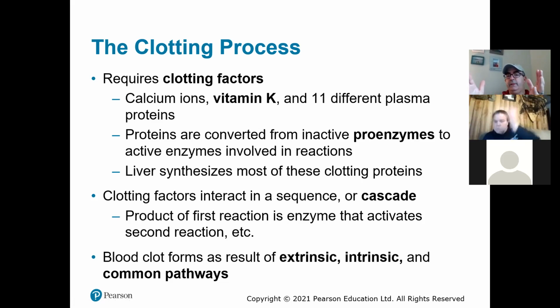You cleave off the ogin, and it goes from fibrinogen to just fibrin. And that becomes an active enzyme, something that's active. They interact in a sequence called a cascade. Again, that's like a domino sequence of A activating B, activating C, activating D. A blood clot forms as a result of extrinsic, intrinsic, and common pathways.